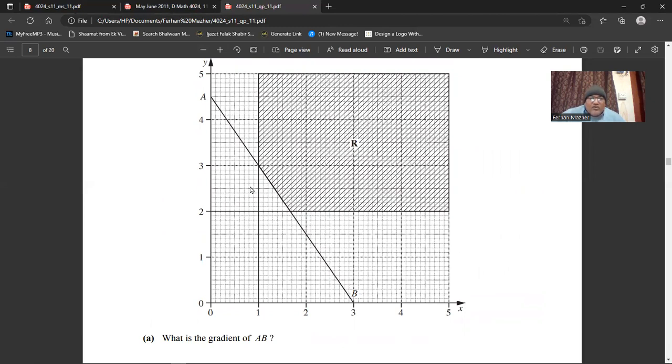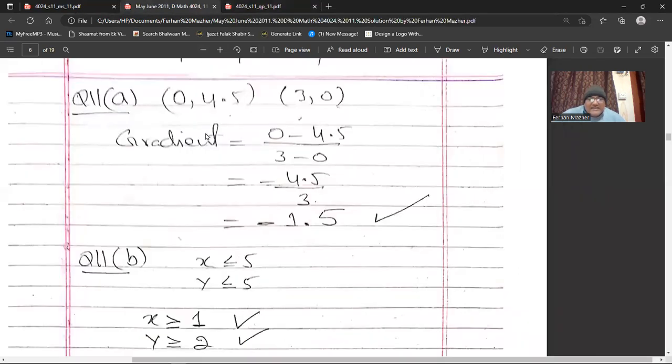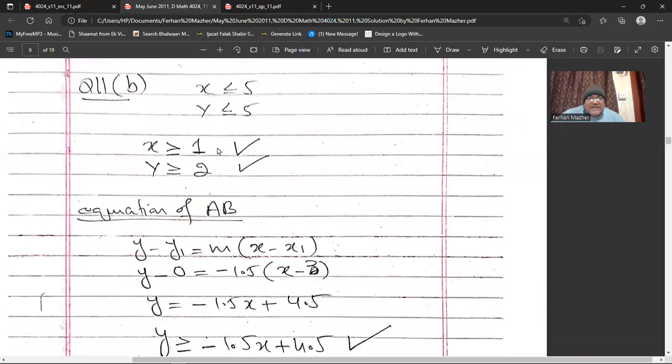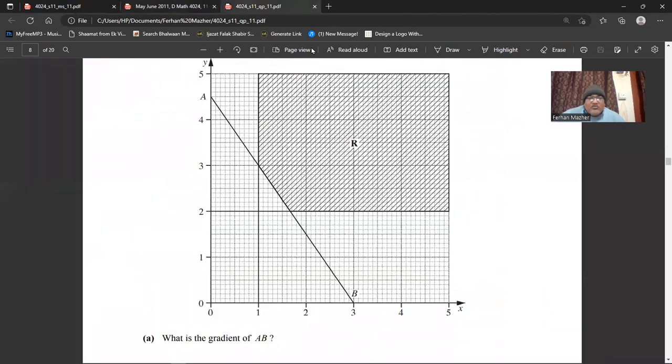Because this line will be x equals to 1, and the shaded area or the required area is on the right side of this, so the inequality will become x is greater than and equals to 1. Okay. The another line is this AB line.